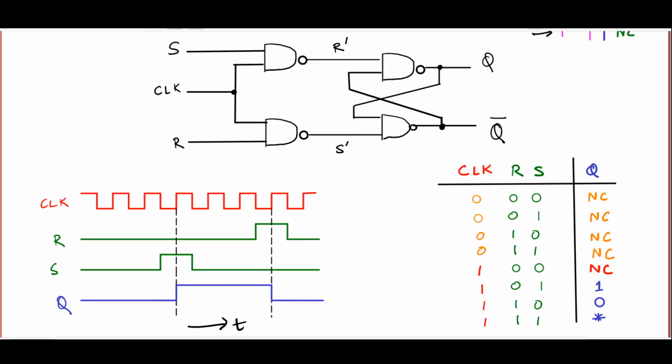We can summarize the behavior of this clocked NAND latch in this table out here. Note that as long as the clock is low, it does not matter what R and S are, as we have said, the output stays in the no change condition. That is, whatever the output was before, it's held at that value. When the clock goes high, even then if R and S are both low, it's still in the no change condition.